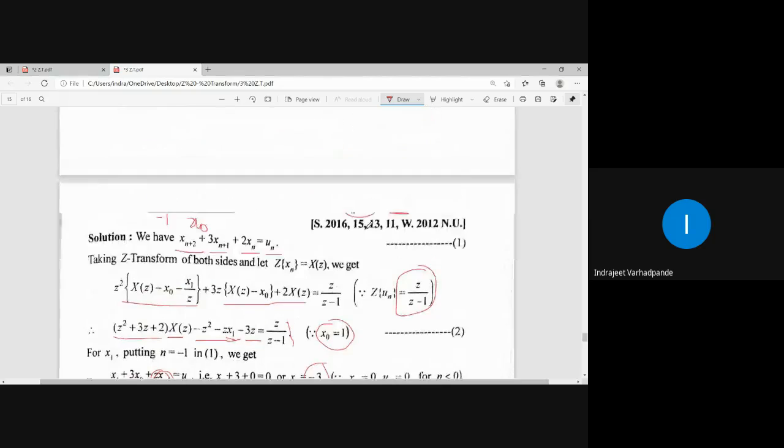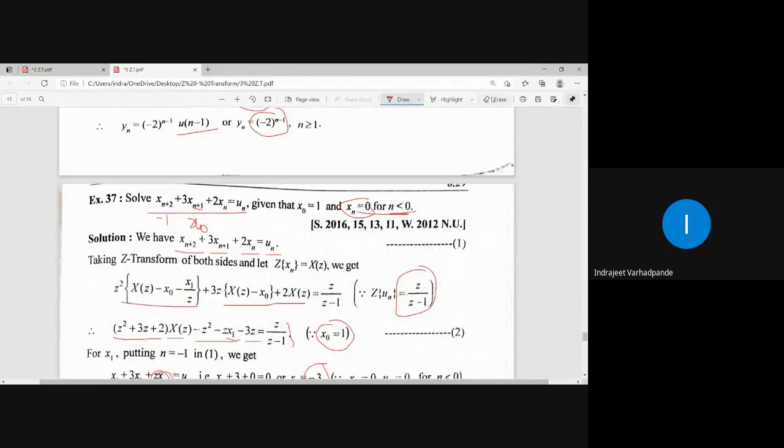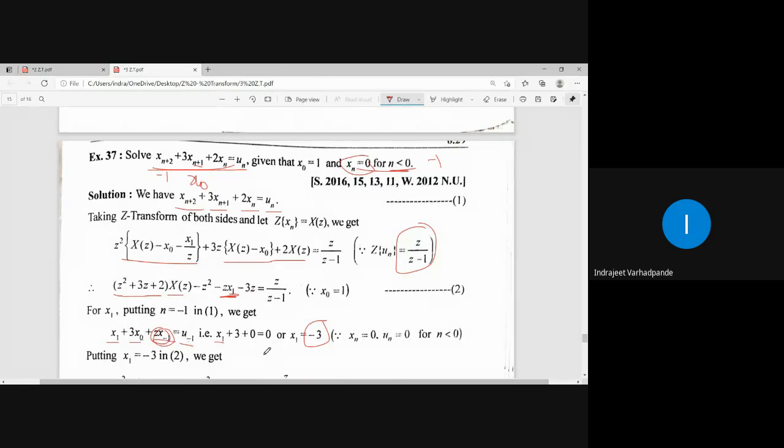ये क्वेश्चन में ये कंडीशन यूज करना इंपॉर्टेंट है. यहाँ पर I am stuck in between where no values are calculated, right? Here I don't know the value for x1 और मुझे कुछ भी x नहीं चाहिए pending in the solution. So for n less than 0 यानी -1, I write down this statement, find out the value and get the answer for that.